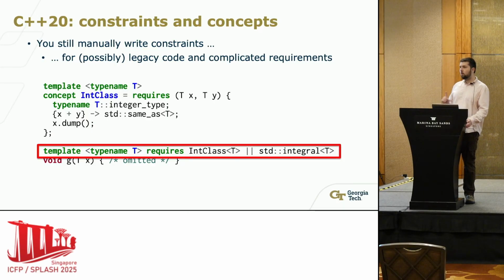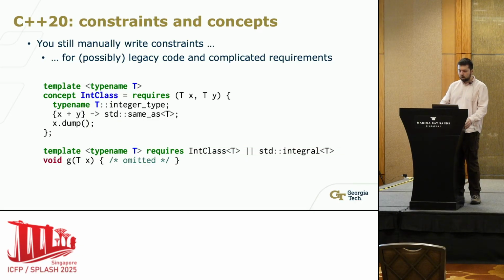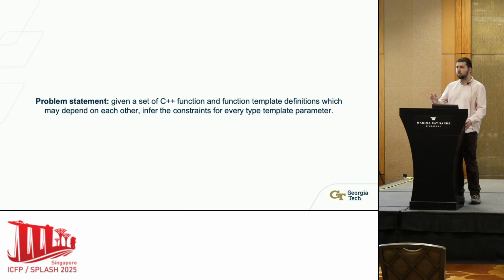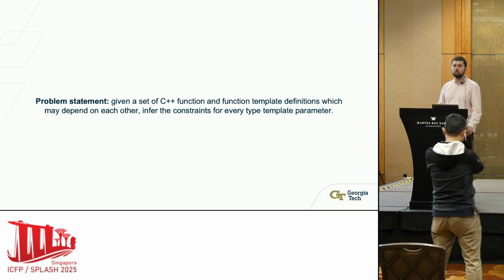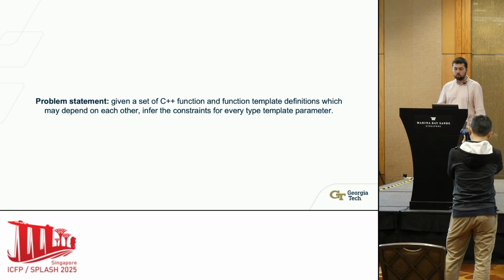It grows even more quickly if we consider that we might have to do this for a bunch of legacy code bases that don't yet have type annotations. So in this work, the problem that we face is that we want to automatically synthesize these function type parameters, the constraints on the type parameters, in order to reduce the developer workload and enable the introduction of these type parameters in legacy code bases that don't currently have them.